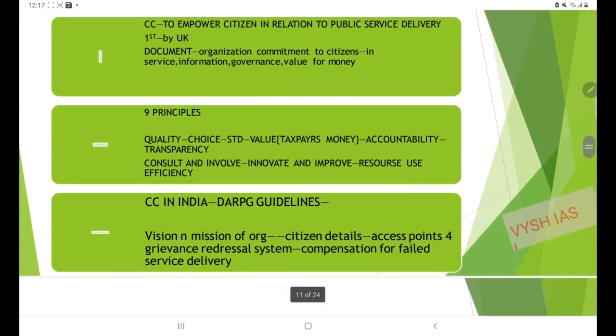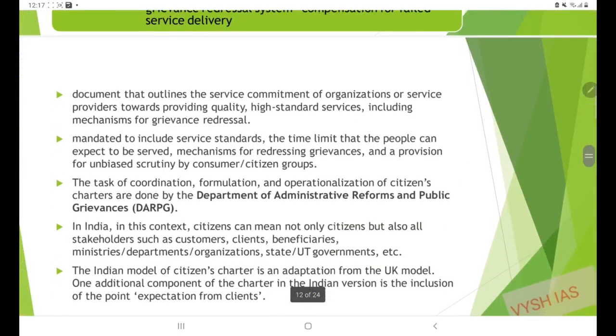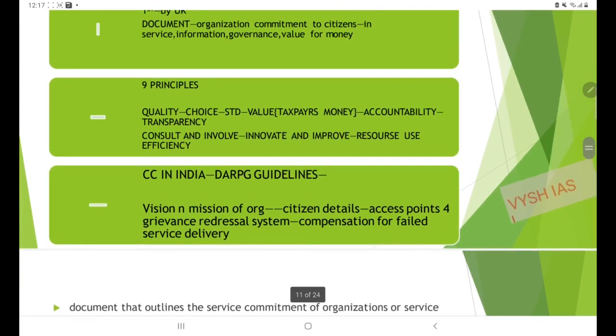Then what are the problems with respect to the citizen charter, that we will be discussing in a while. Before that, for the development of the citizen charter, the DARPG, a department of government, has given certain guidelines. The organization must specify its vision and mission, the citizen details should be given, and access points for the grievance redressal system should also be given.